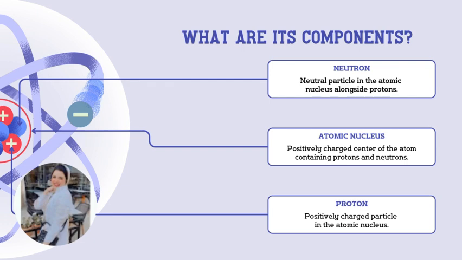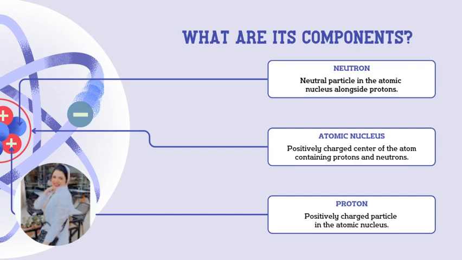As I mentioned before, an atom has three components: proton, neutron, and electron. So let's speak firstly about the neutron and proton. The neutron is found in the nucleus inside the atom.